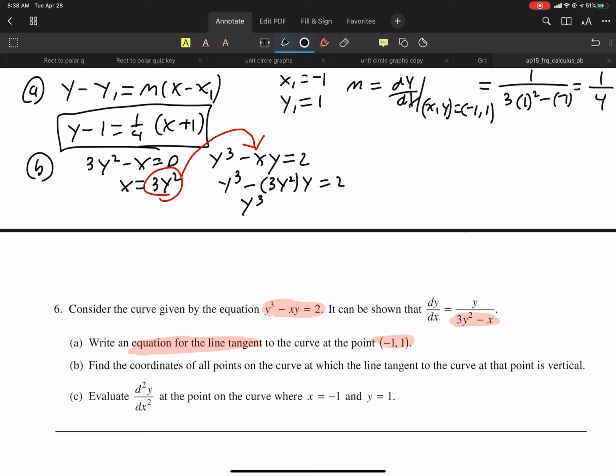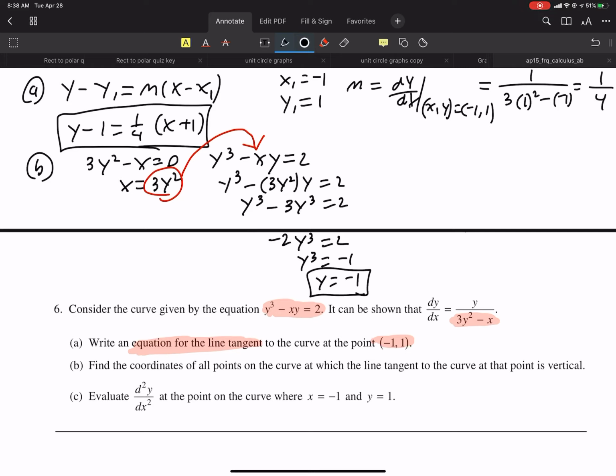Y cubed minus 3y cubed equals 2. So you can get negative 2y cubed equals 2. Divide both sides by negative 2. Y cubed equals negative 1. Y equals negative 1. So that's the y coordinate where that happens.